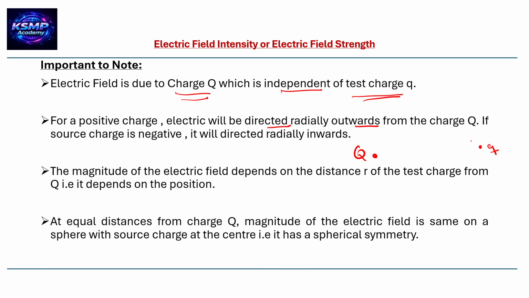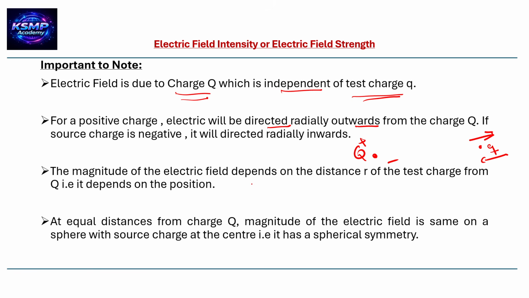So at this point electric field will be in this direction if this is plus, and if this is minus, then it will be in the opposite direction. So direction of the electric field will depend on the nature of the source charge, that is whether it is positive or negative.